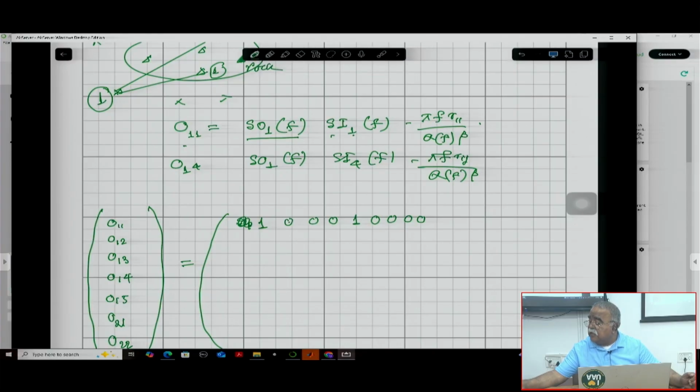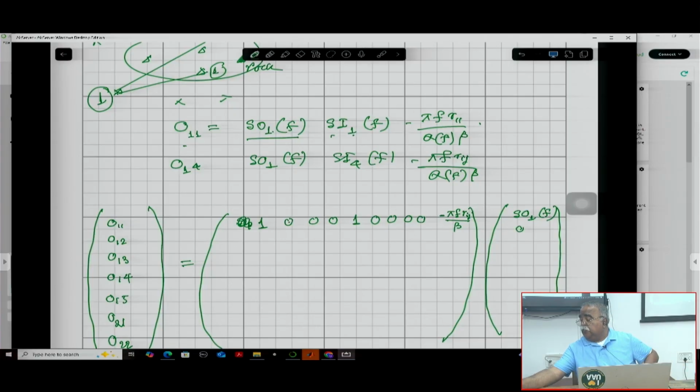I write it on this side as a minus of pi f of Rij divided by beta into this one, right? And this is equal to your SO1 at that position F. So this is SO1, but after that there is no other record.